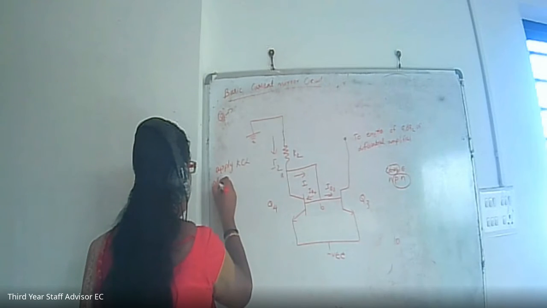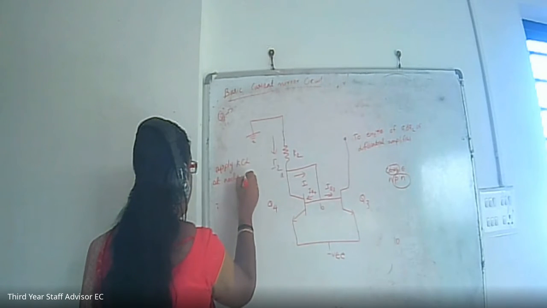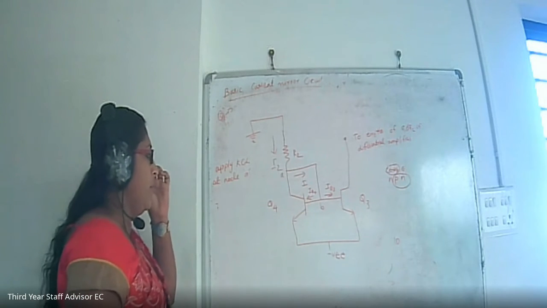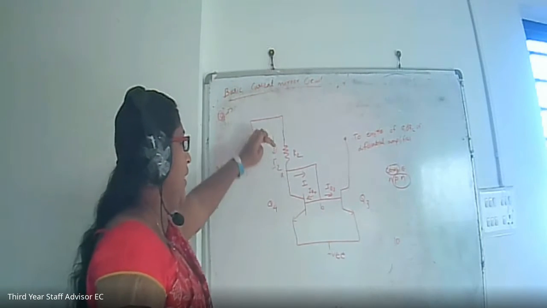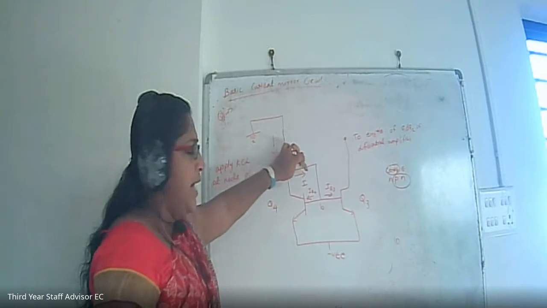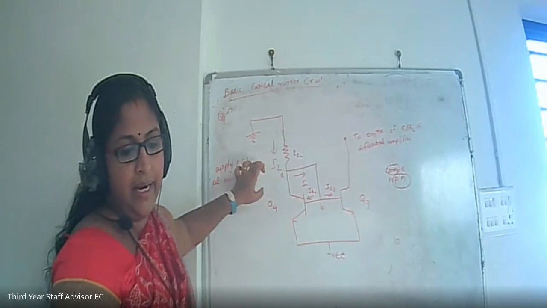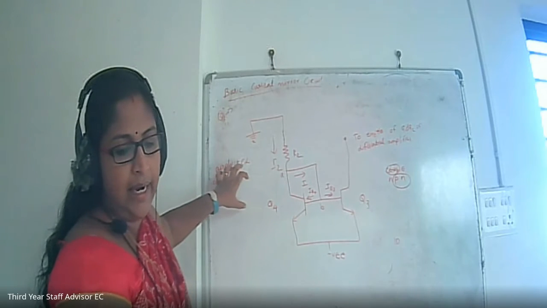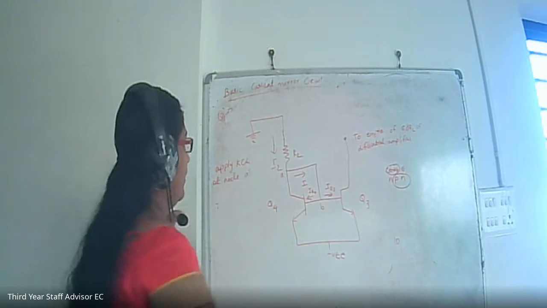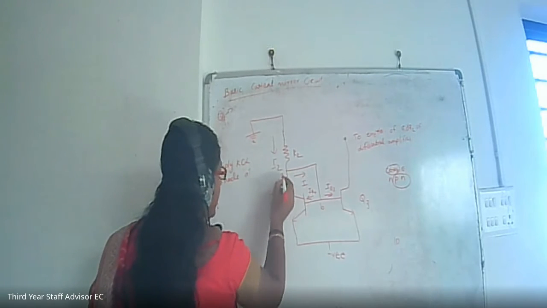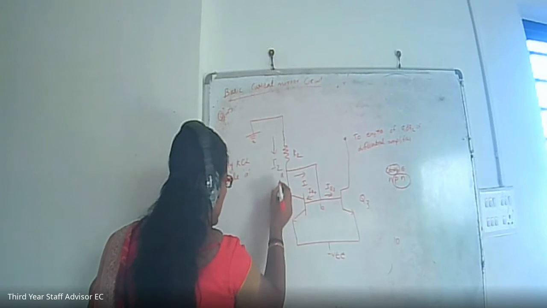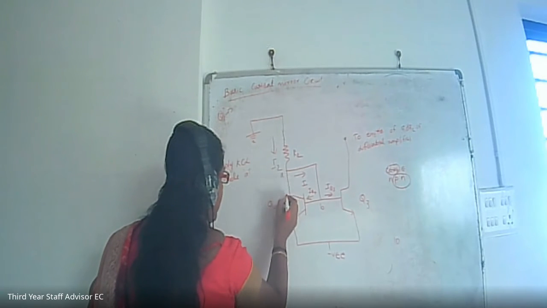KCL at node A. How can you write KCL? Here I2 is the incoming current, IE is the outgoing current, and we are expecting that a small amount of current IE is flowing through this, and here suppose this is the collector. So some amount of current, that is IC4, the collector current, is flowing to this section.